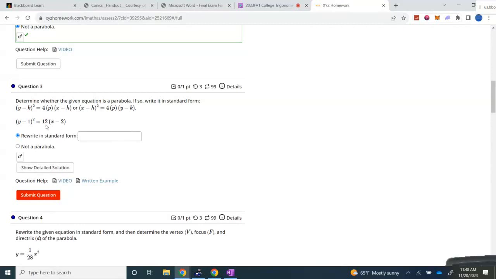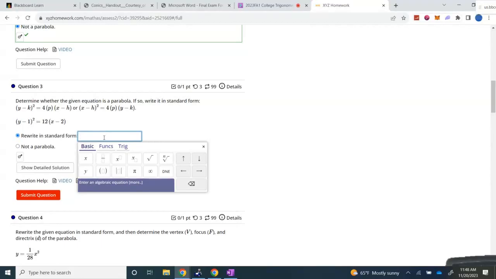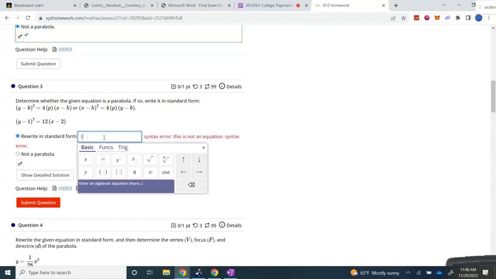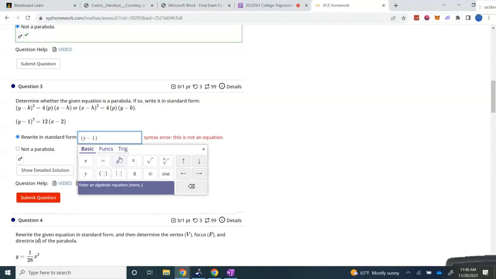Now, the only thing I want to do to write that in standard form is to write it out as y minus 1 quantity squared is equal to 4 times some number times x minus 2.